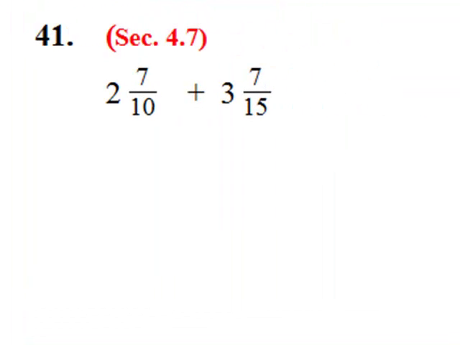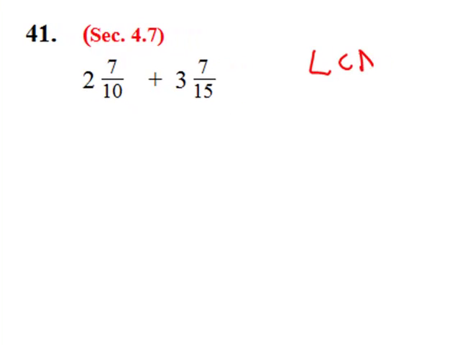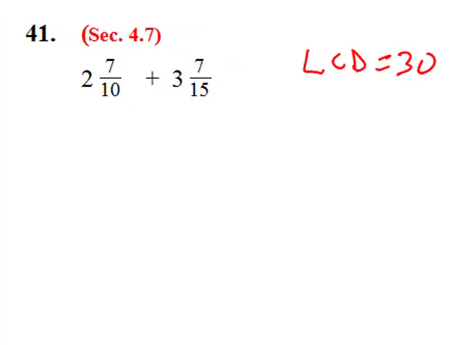Number 41. We're adding, and we've got fractions that do not have common denominator. The least common denominator of 10 and 15, I'll write over here, LCD, is 30. So we want to build each one up to have a common denominator of 30.